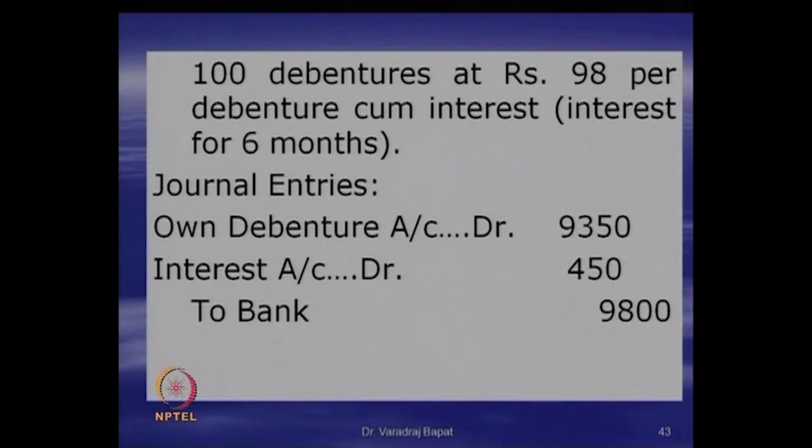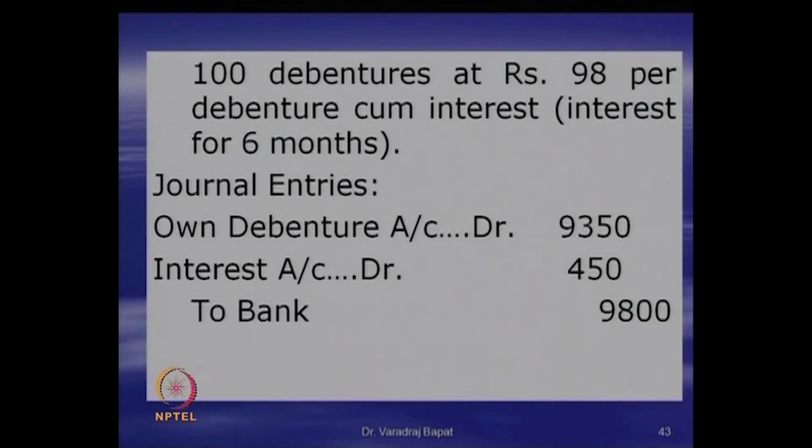So, when I buy the debenture at 98 rupees, actually out of that 98, I am paying 450 rupees by way of interest. That is why own debenture account is debited with the balance, that is 9350, interest account is debited with 450, to bank 9800. I will just repeat what has happened.